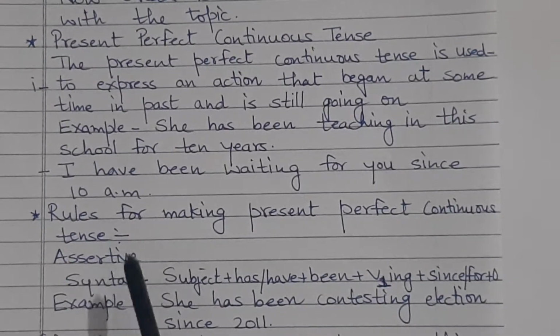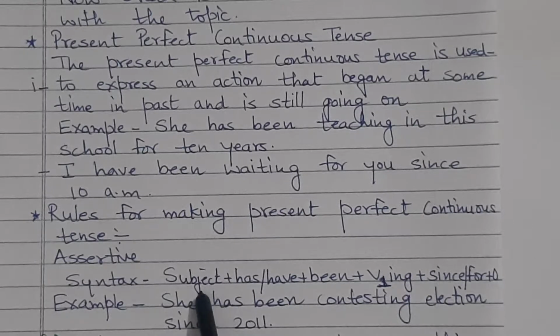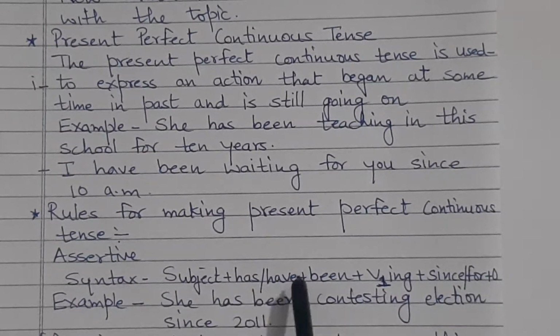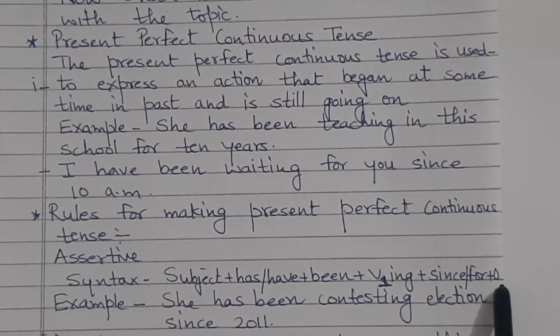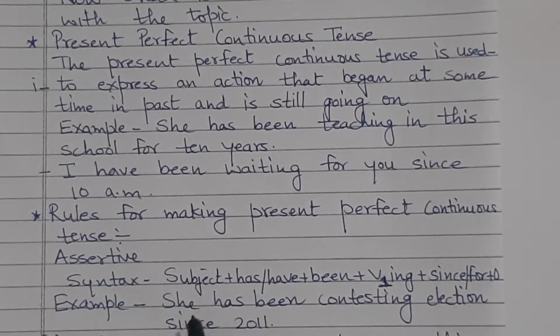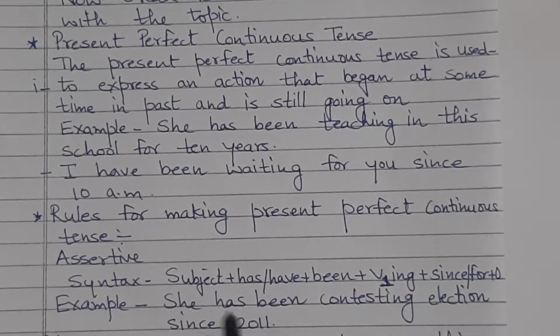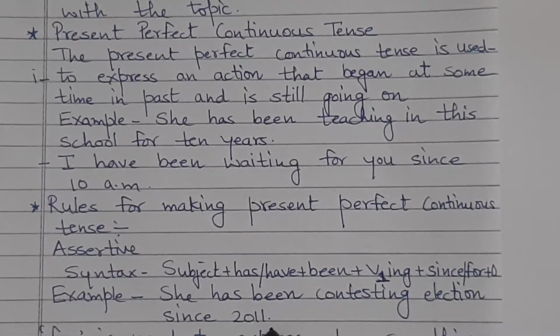Assertive sentences, syntax: subject plus has, have plus been plus V1 plus ing plus since or for plus object. For example, she has been contesting election since 2011.